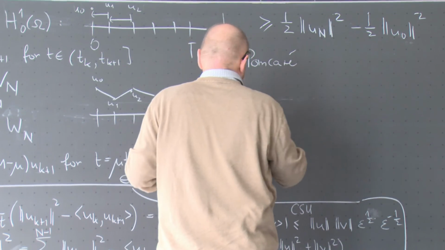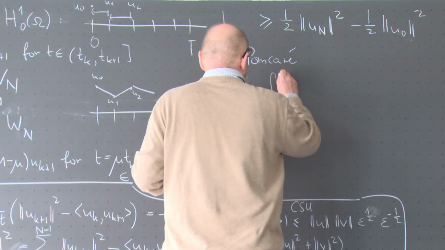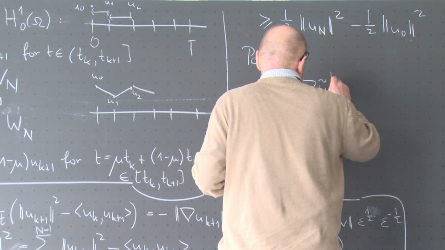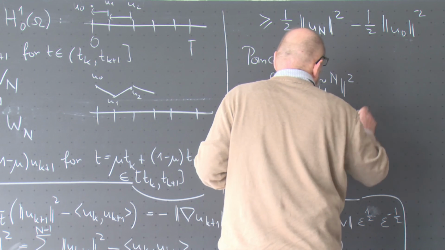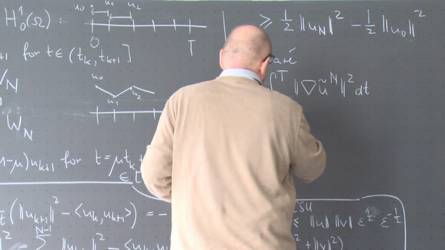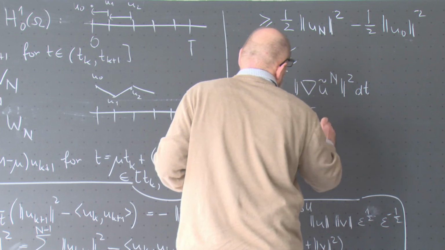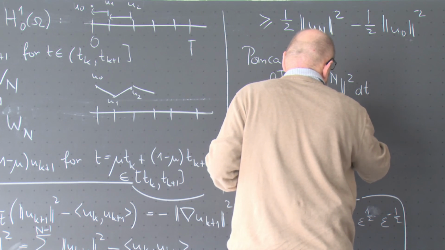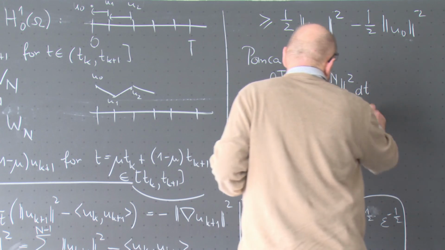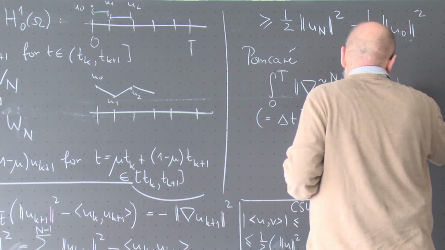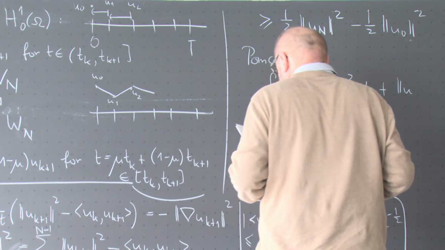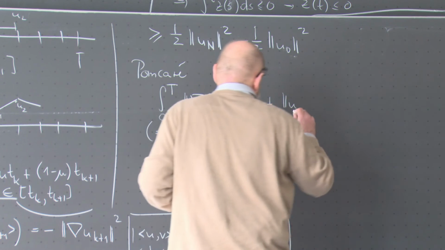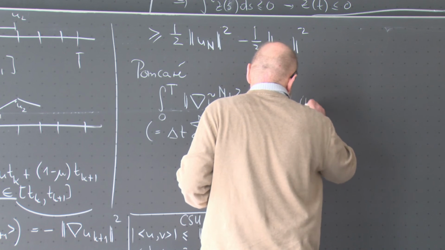We have something like the integral in time of the gradient of u tilde n, the piecewise constant version, in the L2 norm, because these terms are nothing but delta t times the sum, plus pointwise in time, let's say tk.